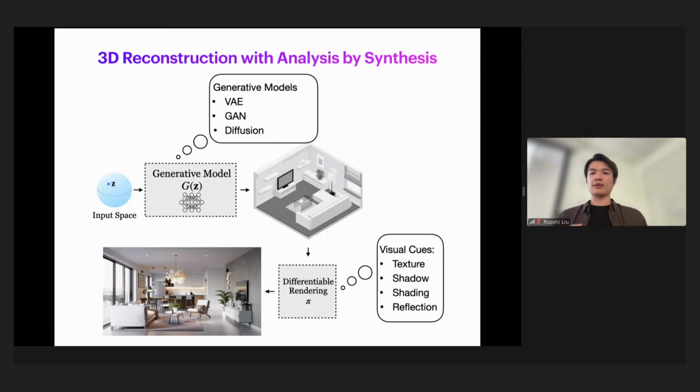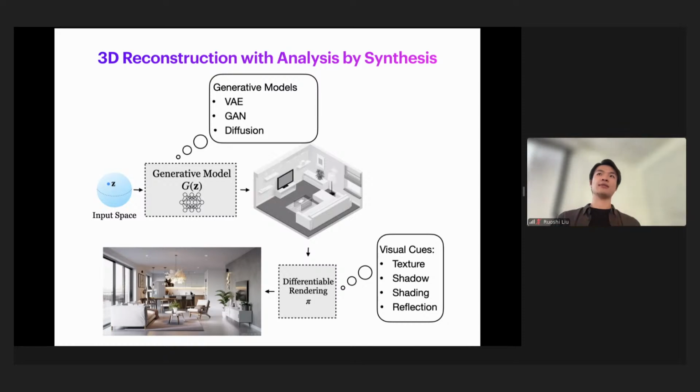There are many techniques in differentiable rendering that are mature enough, developed by the graphics community, that we could readily use. With differentiable rendering, we could render a bunch of images, for example texture, shadings, shadows and reflections. And our job is to compare the difference between the rendered image and your observations, right?